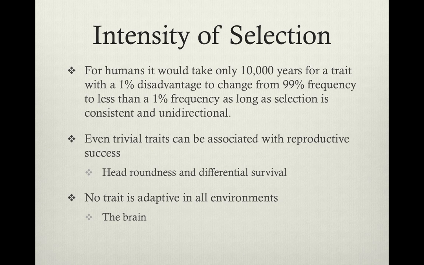Even seemingly trivial traits can be associated with differential reproductive success. For example, there is one trait called the cephalic index, which essentially is just the degree to which someone's head is round. It runs on a distribution from a cone head from the old Saturday Night Live series, to Stewie from Family Guy, or Hey Arnold with that kind of football shaped head.